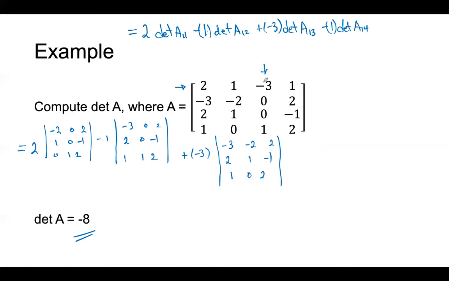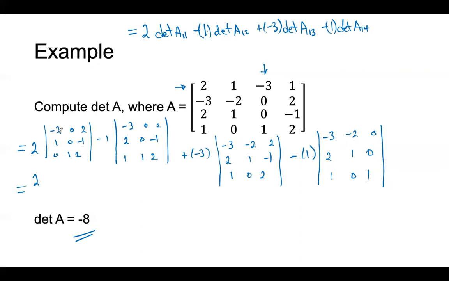So positive, negative, positive, negative. Okay, now we can compute. I kind of felt like leaving some zeros in because I figured it can sometimes be a little bit easier, sometimes.